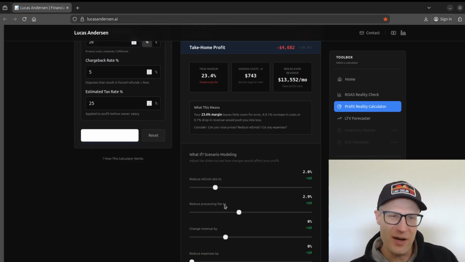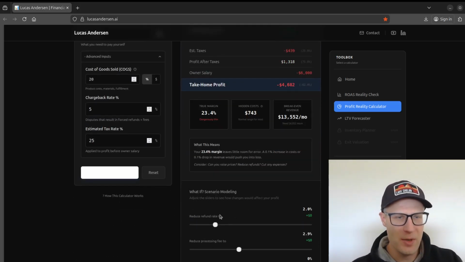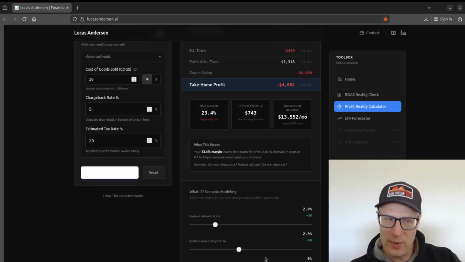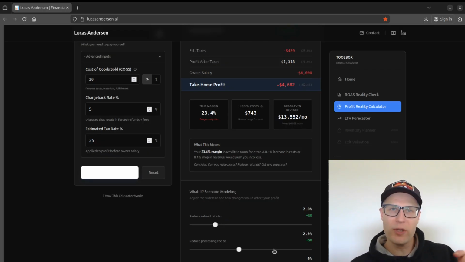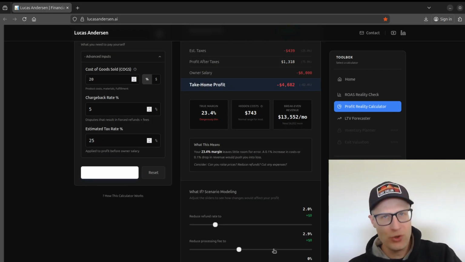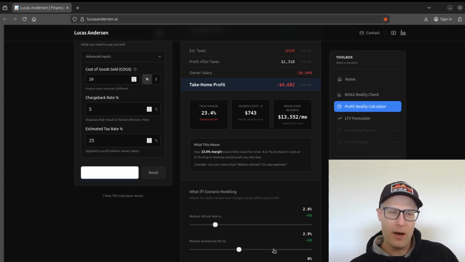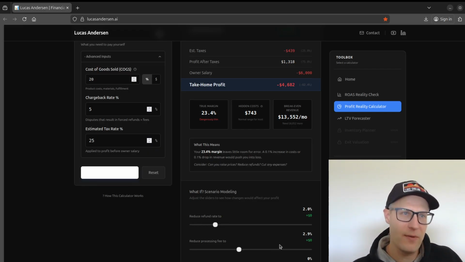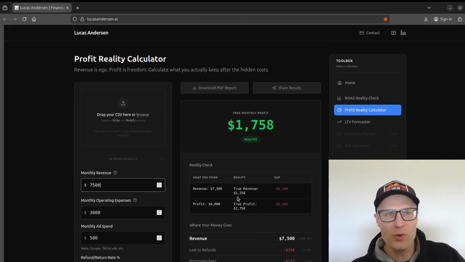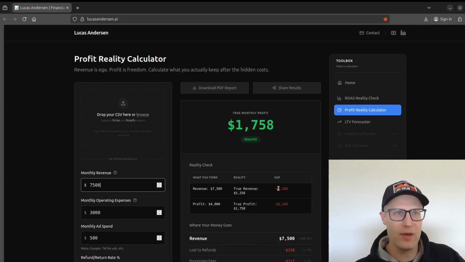This is pretty standard, 2.9% here for Stripe, but you can change your revenue numbers or reduce your expenses. So you can look at what sorts of things are contributing to your bottom line, and what happens if we reduce our expenses, or should we focus on the revenue side of things, those types of questions that everyone deals with.